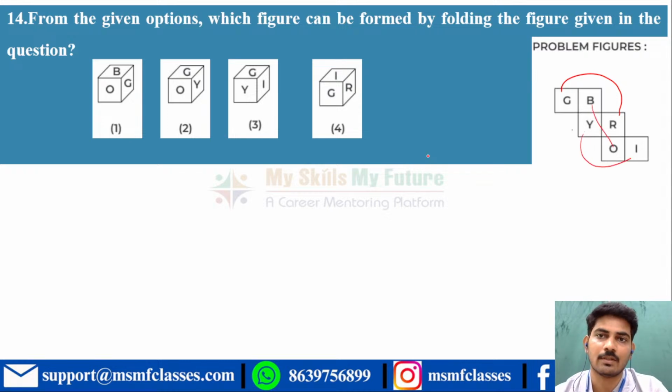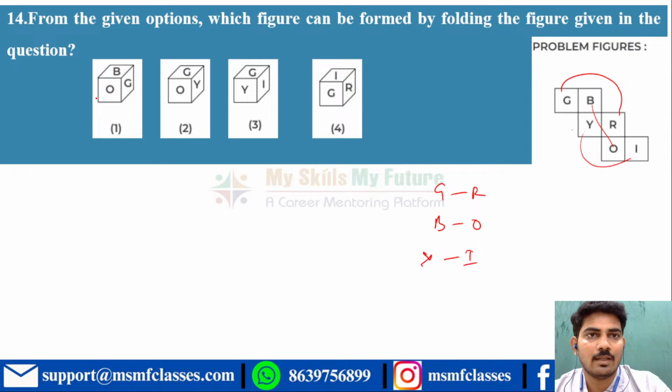See here, B and O are present adjacently, so this one will not be valid. Next, Y and I are present adjacently, so this is also not valid. Just G and R are present adjacently, so this is not valid. So the only correct one will be this one. So G O Y.